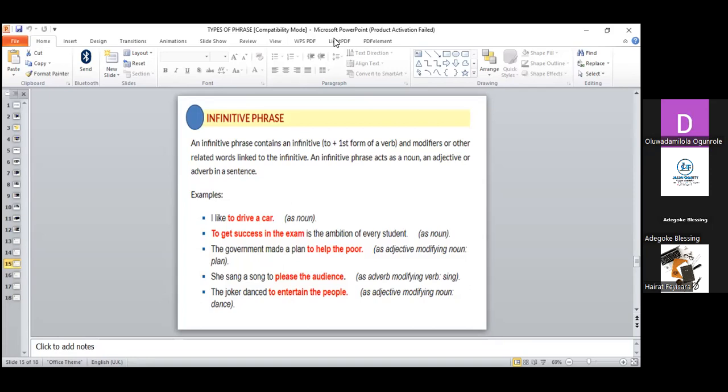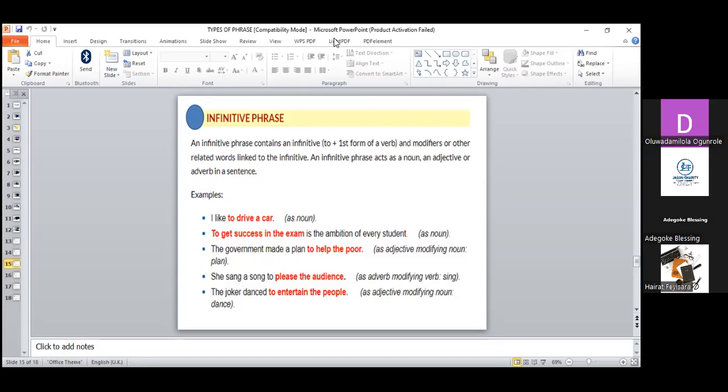Now, if you look at the first example, I like to drive a car. The question will be, you like to do what? Anytime a question word, what, comes into place, usually you have a noun phrase coming in answer. But here we are talking about the structure.